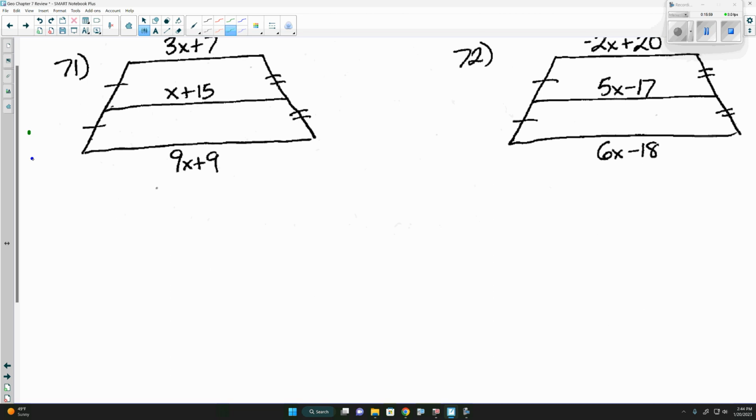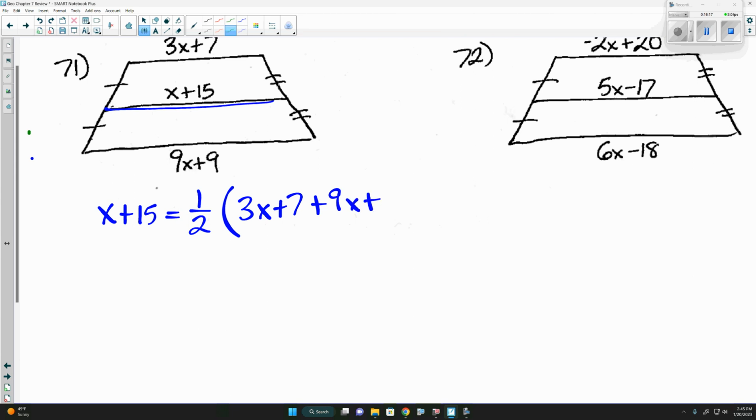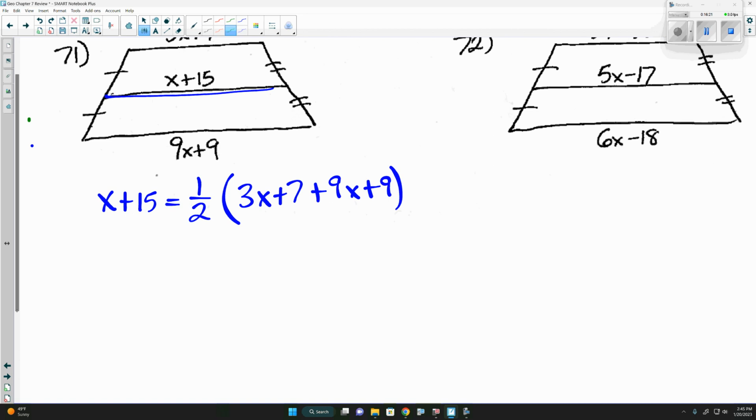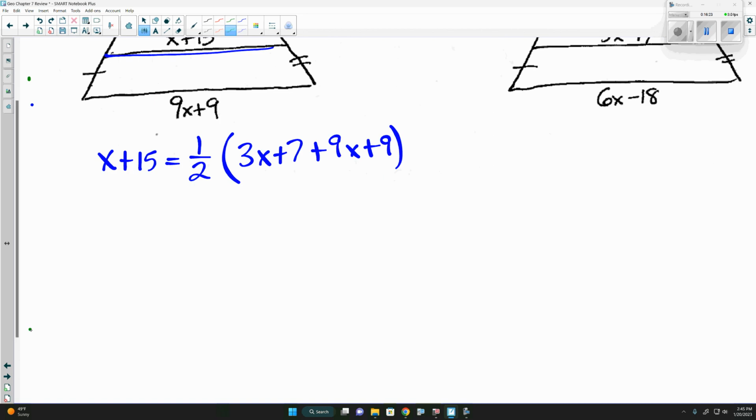But if we look at 71, the mid-segment's length is given to us by x plus 15. The mid-segment's length, x plus 15, is equal to half the sum of the two bases. So 3x plus 7 plus 9x plus 9. Questions on how we set this up?